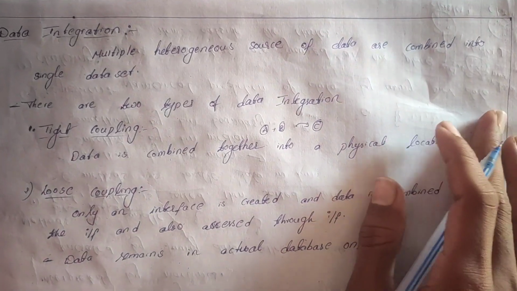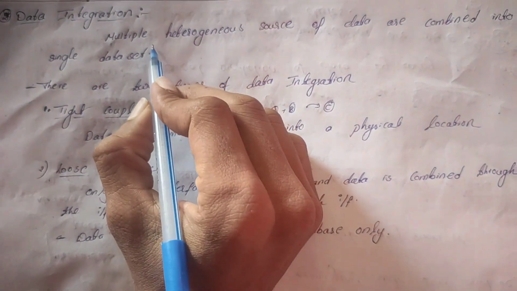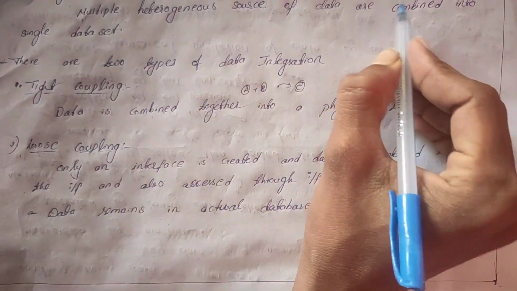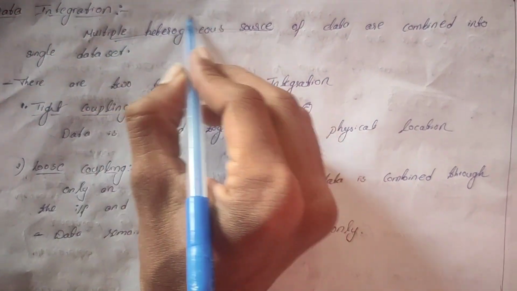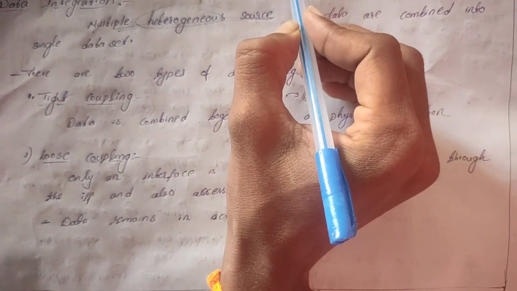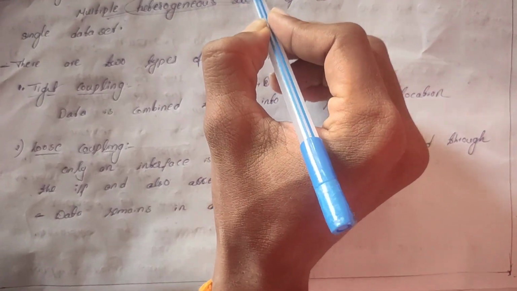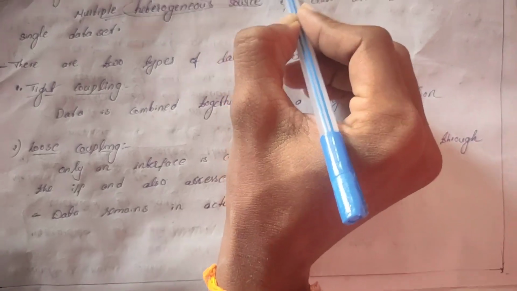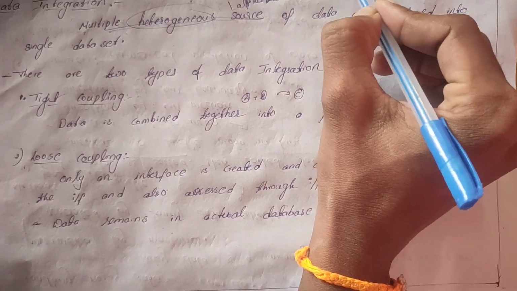First, in data integration, multiple heterogeneous sources of data are combined into a single data set, right? Here multiple heterogeneous sources means it could be numeric data sets, or alphabet data sets, or electric data sets.